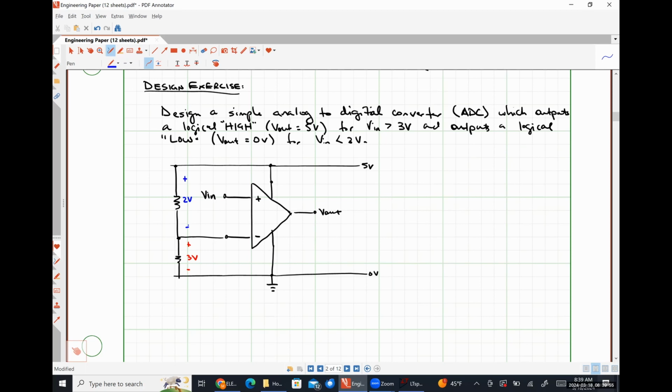When we're connecting a resistor across the output terminal of our op-amp, well, the output resistance is typically low, on the order of tens to hundreds of ohms. So we need a resistance that's higher than that.